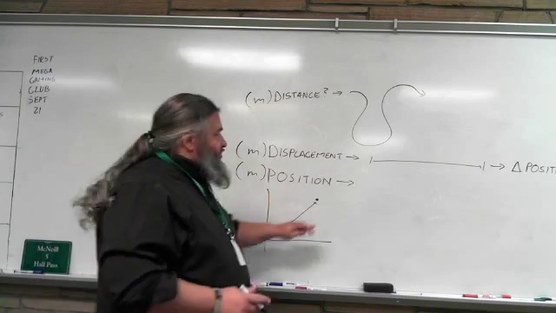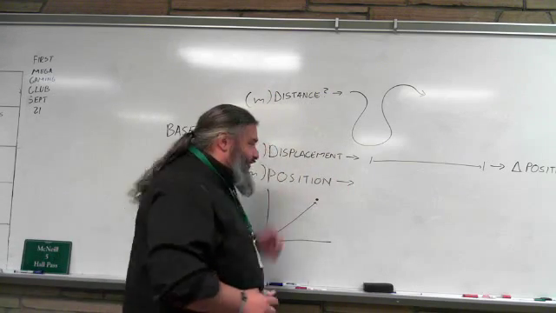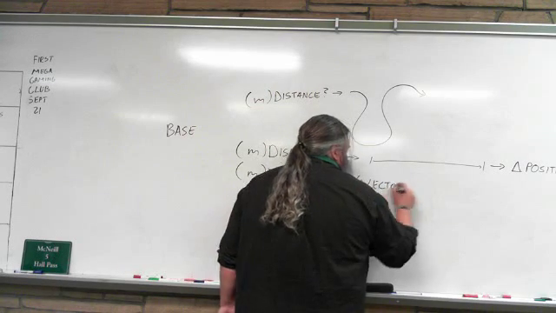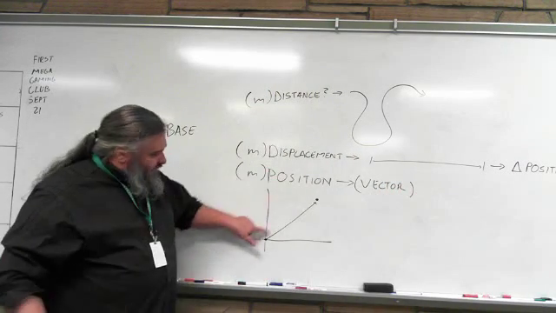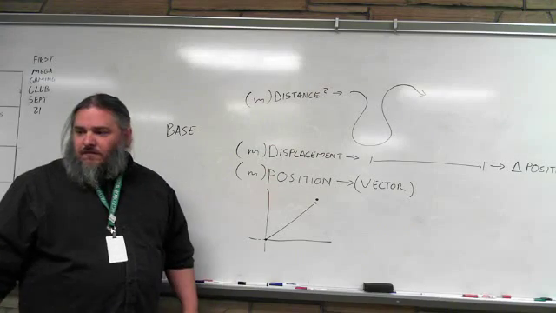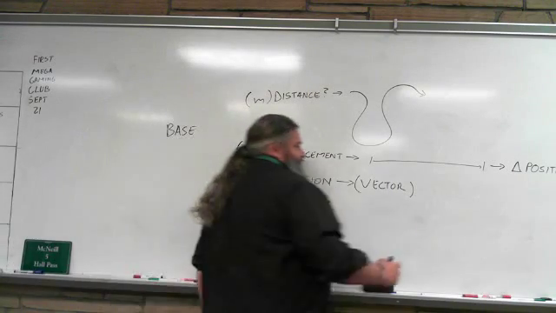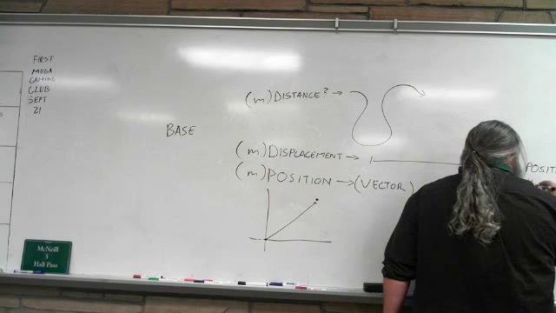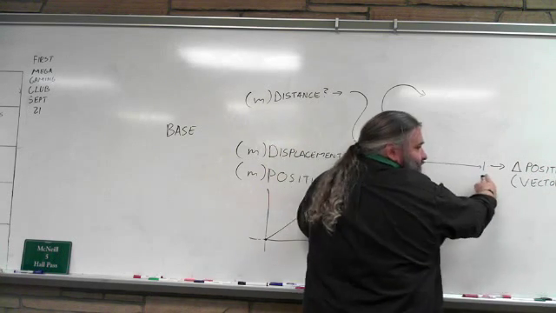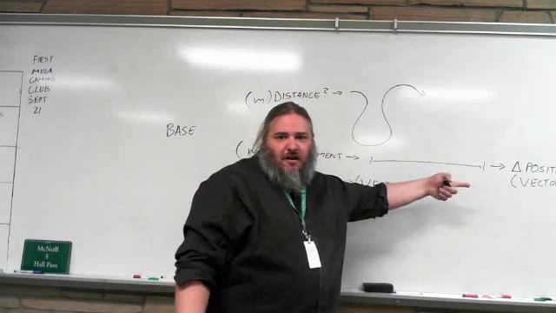Position actually isn't. Position's a vector. Which means that it carries about the size and the direction. Cool? Displacement? Displacement turns out to be a vector. It carries about the size and the direction it takes to get to the final position.